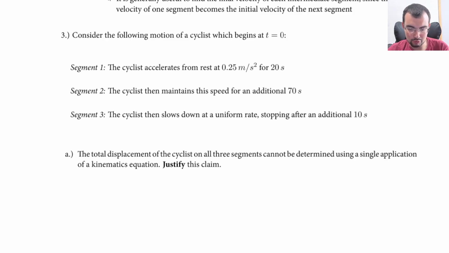They accelerate from rest at a given rate for 20 seconds. They maintain this constant speed for 70 seconds after that, and then they slow down at a uniform rate, causing them to stop after another 10 seconds.